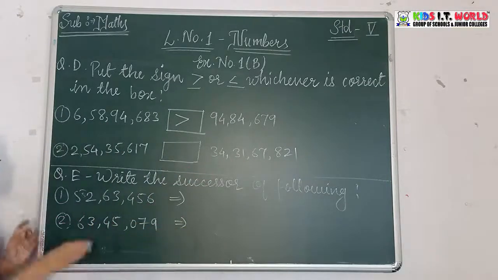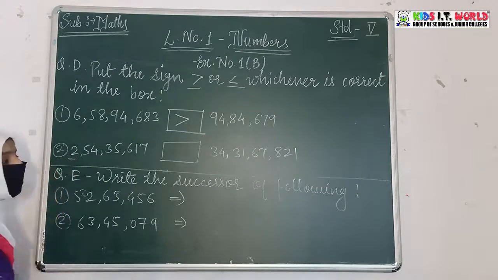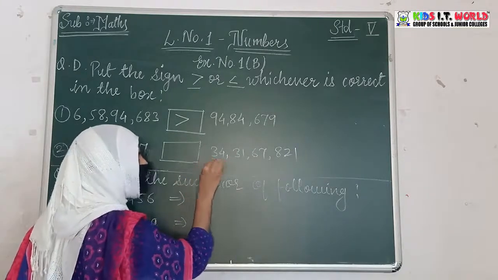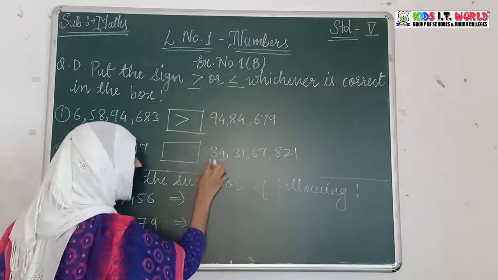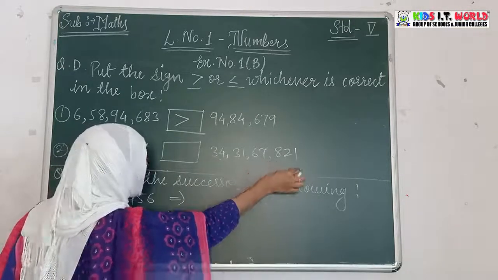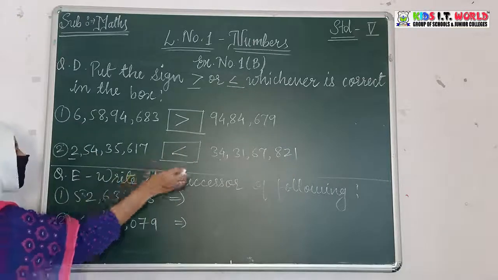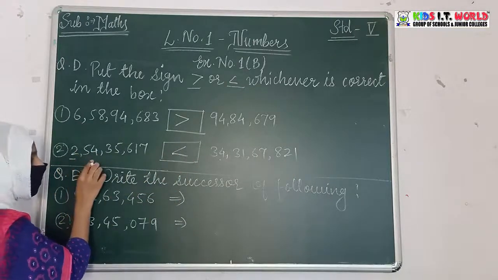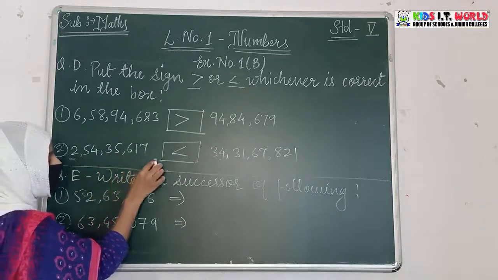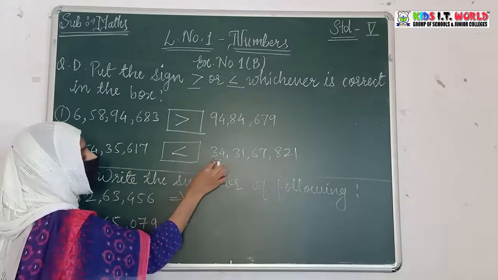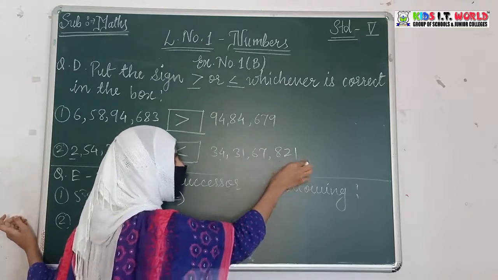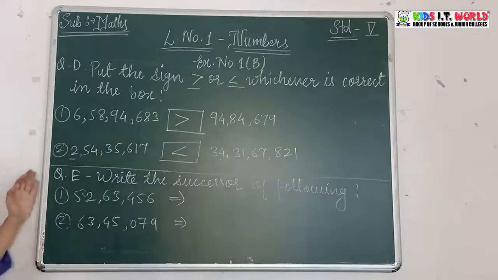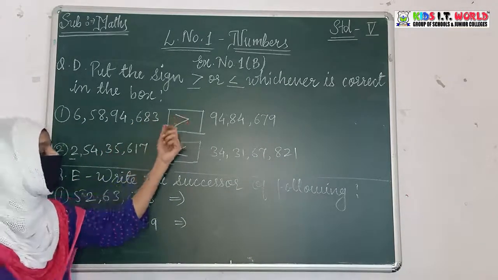Easily you can see this number is starting from the crore and this number is starting from the 10 crore. So which number is biggest here? 34 crore 31 lakh 67,821. So you can read this 2 crore 54 lakh 35,617 is less than 34 crore 31 lakh 67,821. In this way you have to put the sign of greater and smaller.